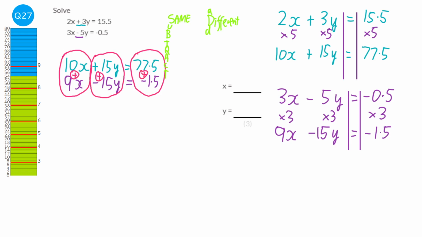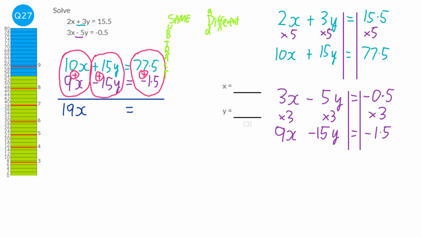So working downwards, and let's get our line in just to make it clear what we're doing. We're just adding everything. 10x plus 9x is going to be 19x. And this is the key bit. 15y plus minus 15y, well, 15y minus 15y is nothing.